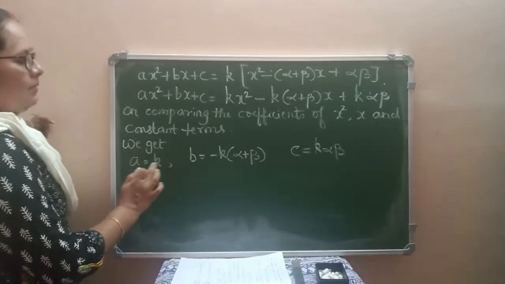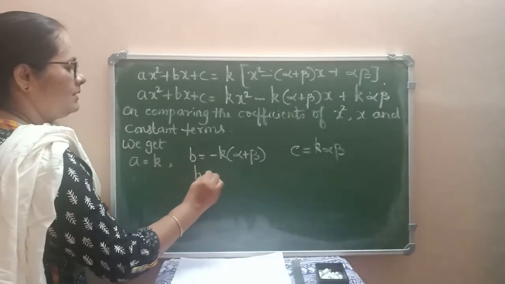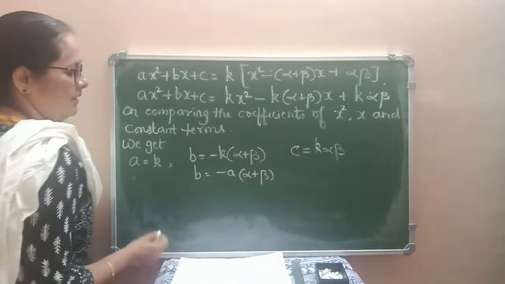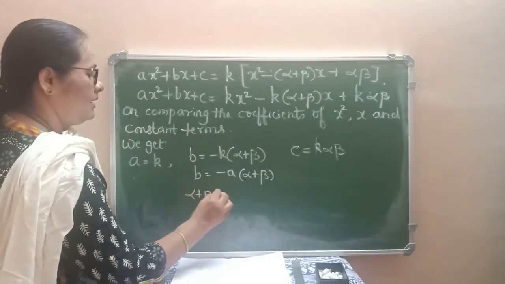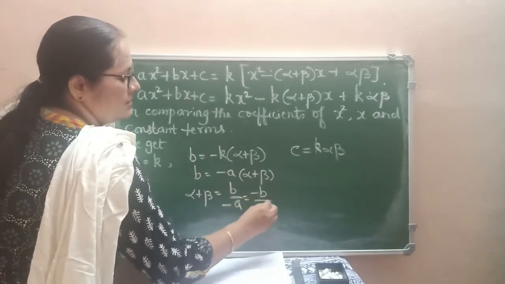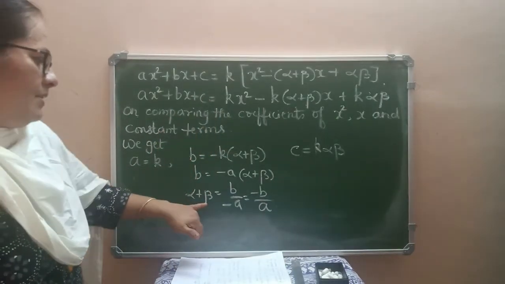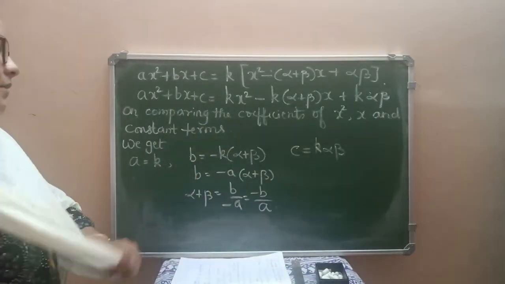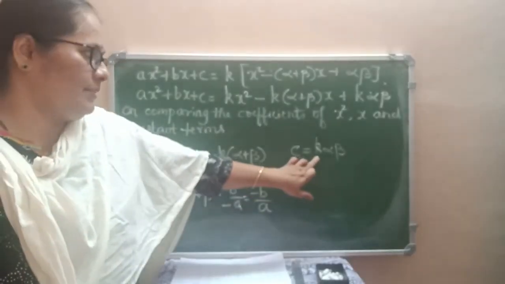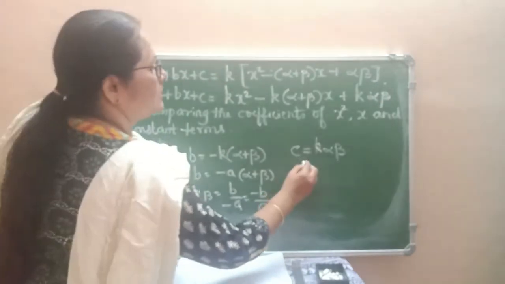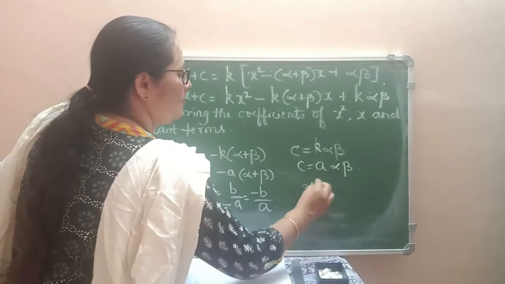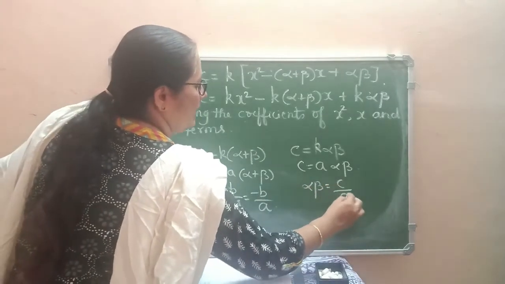Now, a equals to k, then b equals to minus a into alpha plus beta. That is, alpha plus beta equals to b by minus a, which is nothing but minus b by a. So, sum of the zeros alpha plus beta equals to minus b by a. Similarly, c equals to k into alpha beta, which is c equals to a into alpha beta. Therefore, alpha beta equals to c by a.